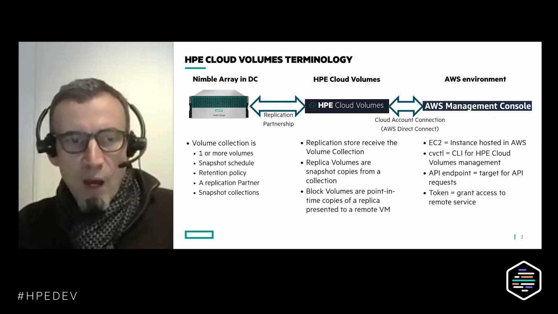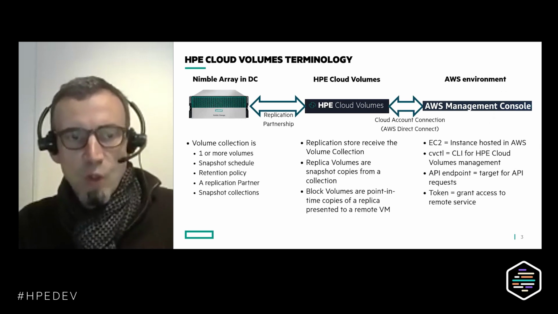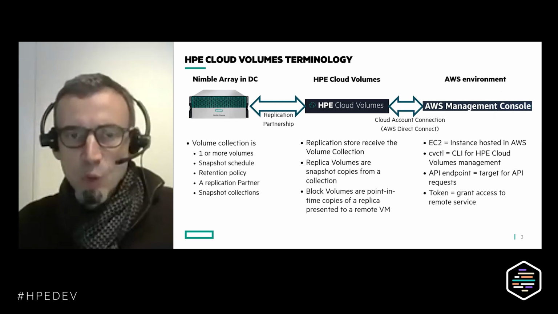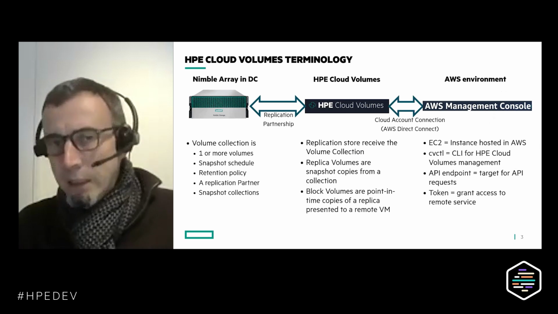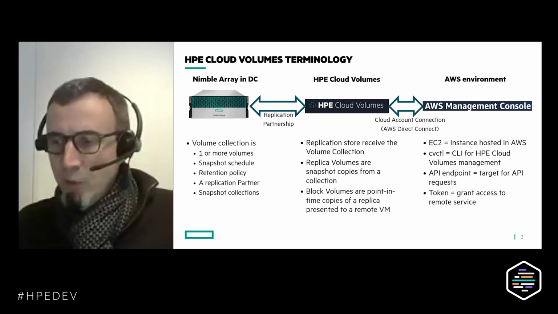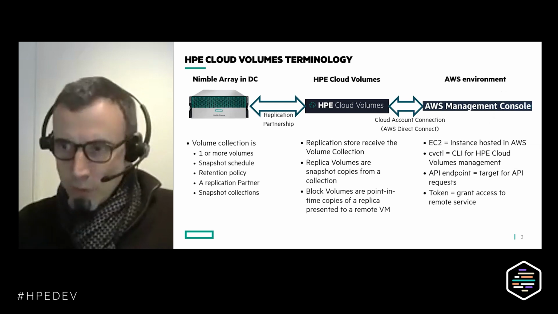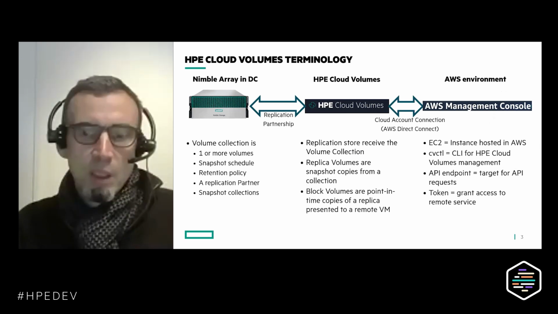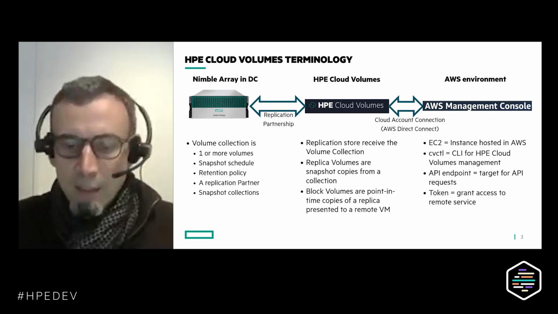And then once you have your Cloud Volume replicated, the replication goes via SSH connection. Once you have your data in Cloud Volume, you can present them to your cloud provider. In our case, we work with AWS, right? But it can be Azure or it can be Google Cloud. The three of them are available and supported.